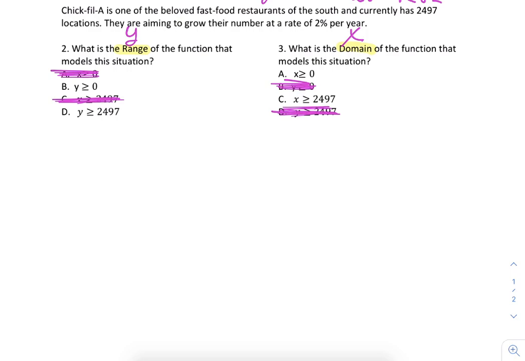Whatever the situation is, set up kind of like a graph and label your axes. So here's my x-axis, here's my y-axis. We learned in Unit 10 that x is always time. So if I look back in my question, they're aiming to grow the number at a rate of 2% per year. So my time is measured in years.